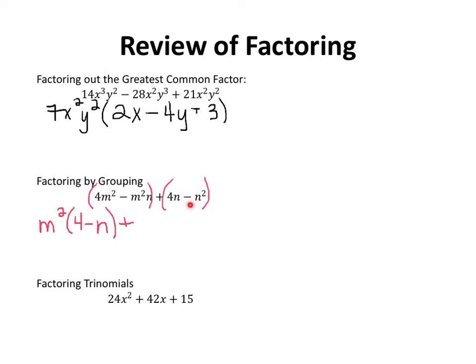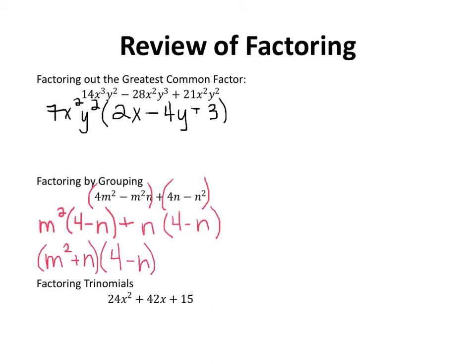And then when we look at the next one, we can pull 1n out, factor it out, and we're left with 4 minus n. The reason this works is because we've got something times 4 minus n and something else times 4 minus n. So this is almost like combining like terms, because what you're left with is those two things that you factored out times 4 minus n.